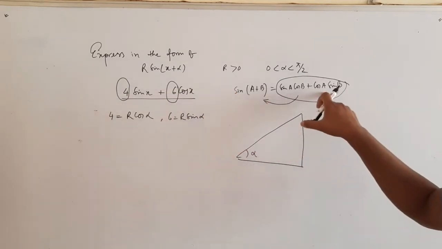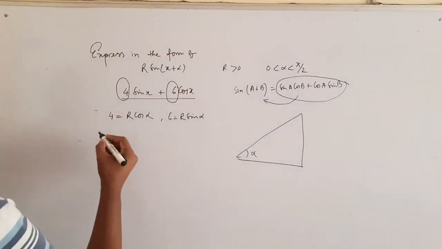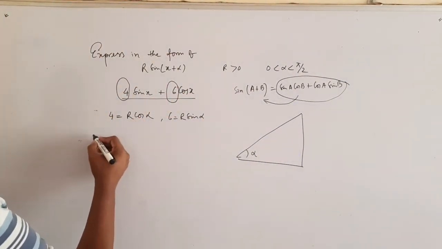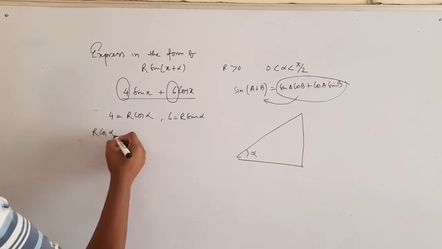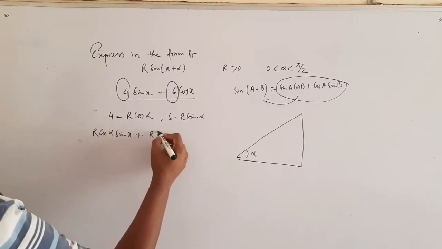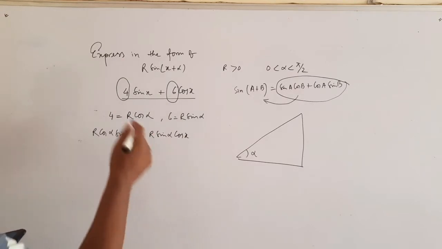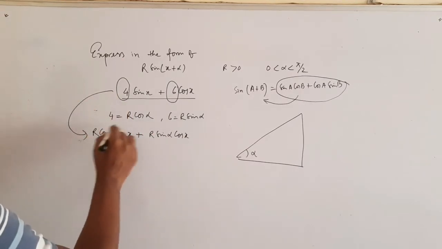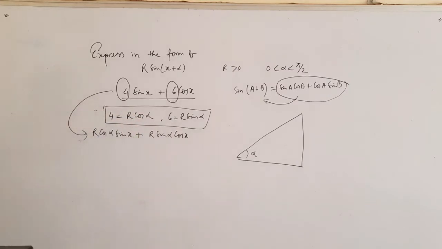So we are getting into this form. Now you put it there. So we get r cos alpha sine x plus r sine alpha cos x. This expression becomes this if you assume these two relations.